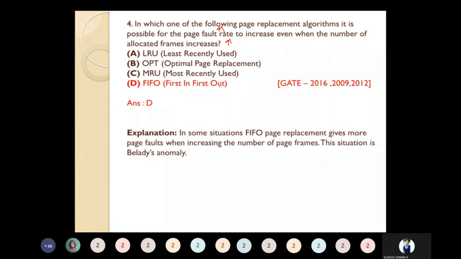In which method we have to analyze and tell the answer.